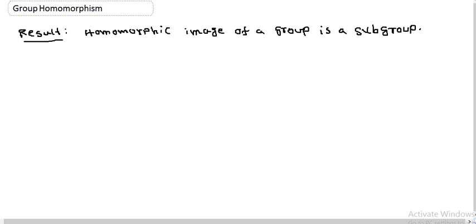They are the same statement. The homomorphic image, which means if we have a phi which is a mapping from G to the group G dash, then the homomorphic image of the group G is phi of G, and we have already seen that phi of G is a subgroup of the group G dash. So they are the same results.